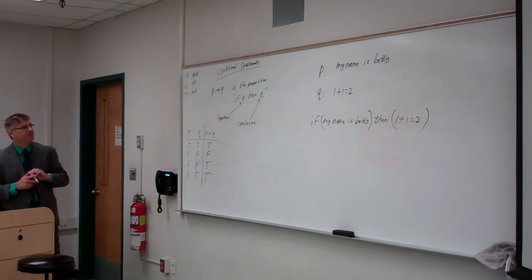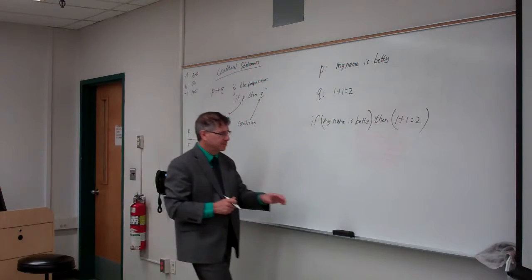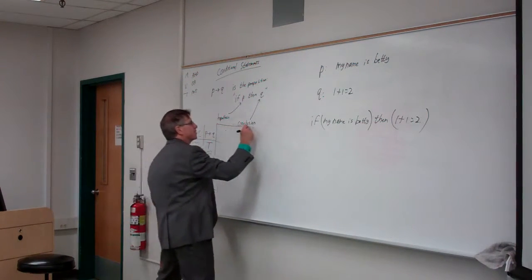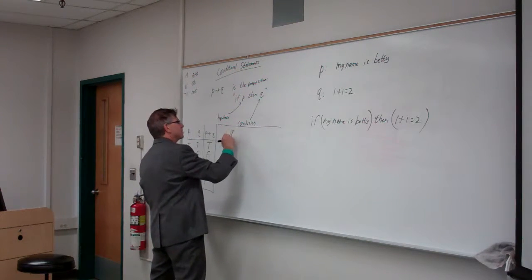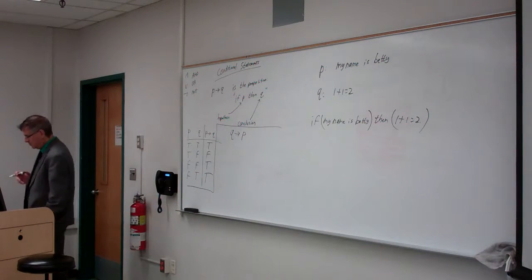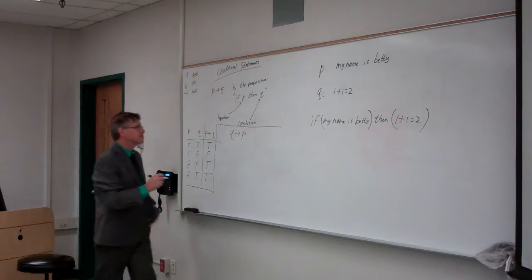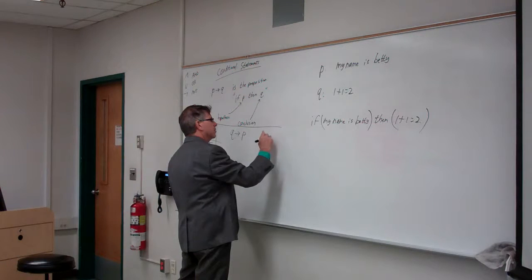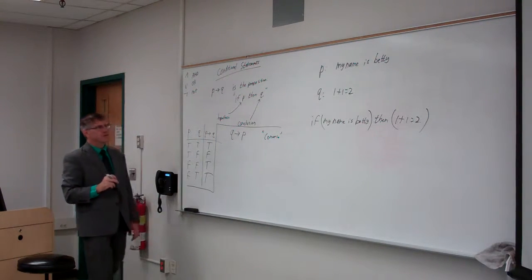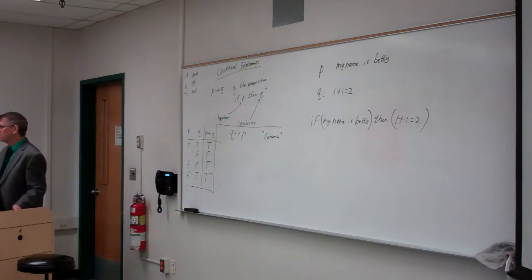So given a conditional statement, we can form other propositions in the form of other conditional statements. We can say if Q then P, and that's called the converse. If 1 plus 1 equals 2, then my name is Betty.